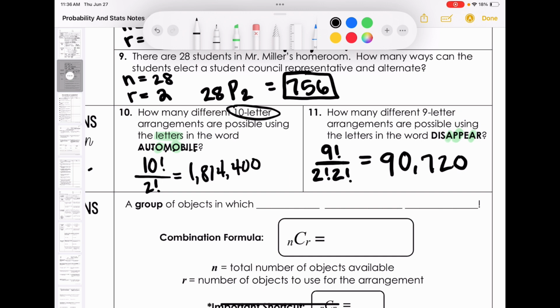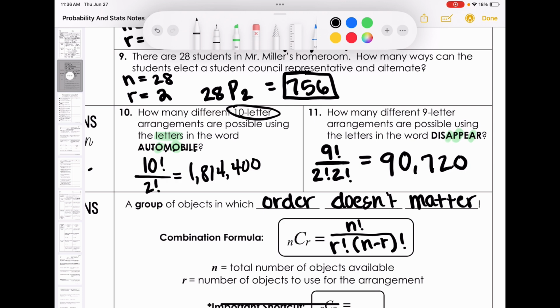All right, then the last thing we're going to talk about today is a combination, and this is a group of objects in which order does not matter. And I'm going to give you the formula again, but remember, I put YouTube videos on Schoology so that you can see how to type it in the calculator a faster way.